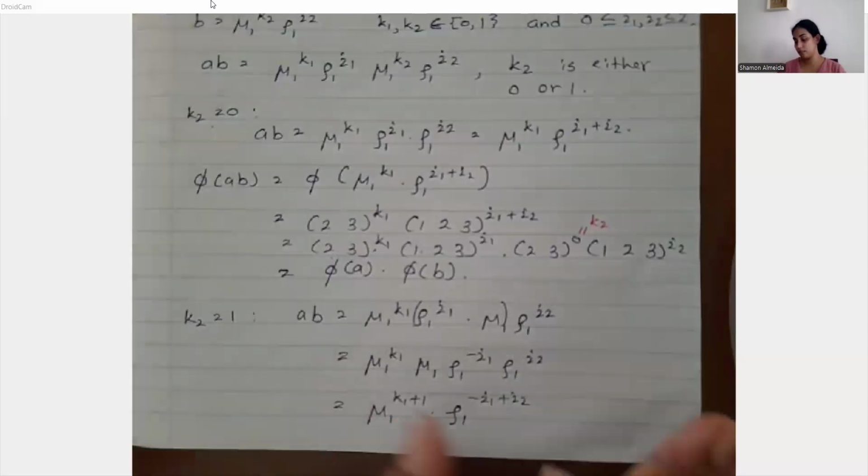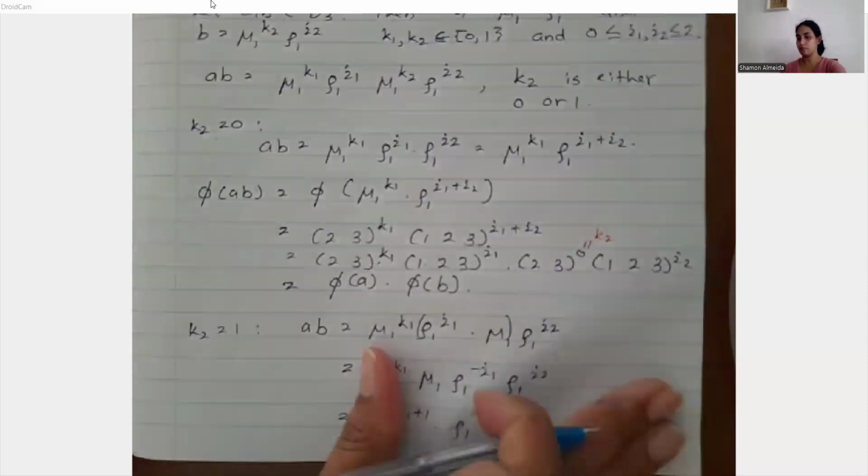Now we apply the function phi. Now we have phi of AB equal to phi of mu1 K1 plus 1 rho 1 negative I1 plus I2.